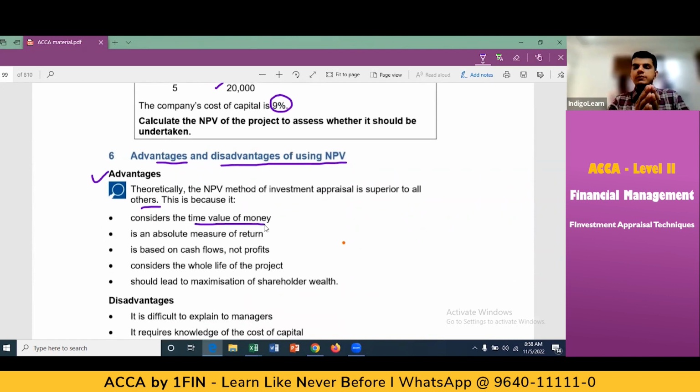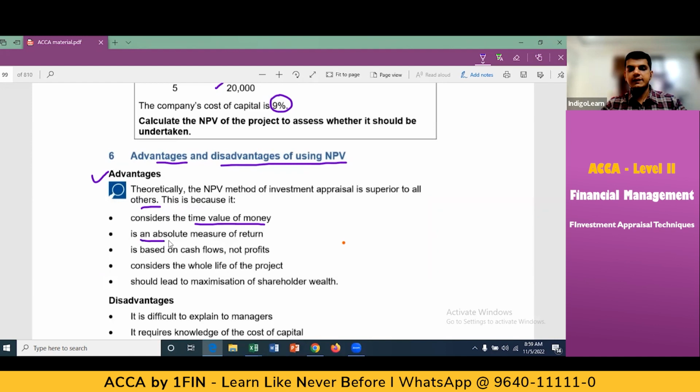All our problems, whatever we have discussed till now, whether in payback period or annual rate of return or return on capital employed or return on average capital employed, mostly all the problems will be addressed here. How come? First, it considers the time value of money. So first our problem was that all the methods of assessment till now were not considering the time value of money, which is that money received today and money received after some years is not the same. That is being addressed here.